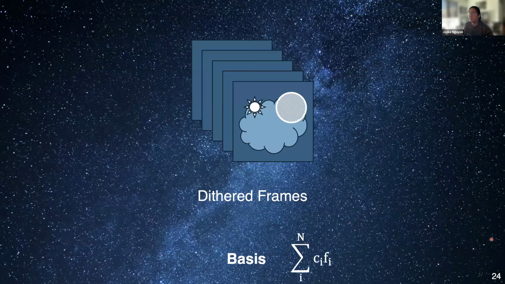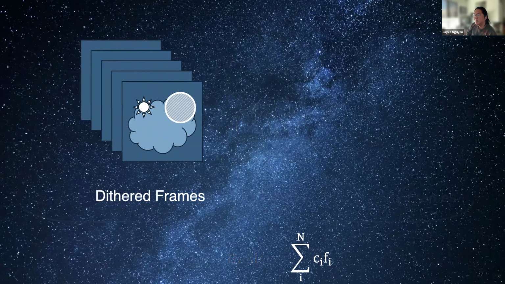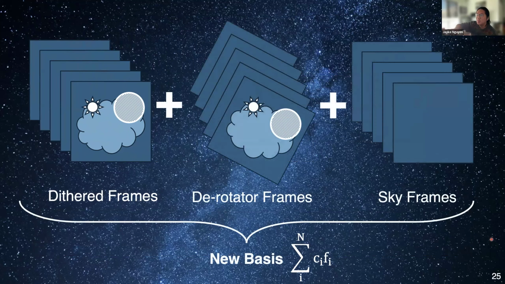And so your typical basis just looks like this, right? You have your dithered frames, just like background LOCI. You're using the other frames that aren't your target, and you're using those as your basis. But what I did instead was create this new basis, adding de-rotator frames. These de-rotator frames are transformed into the de-rotator reference frames.